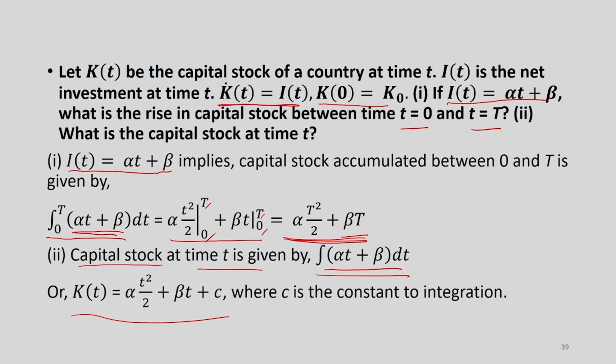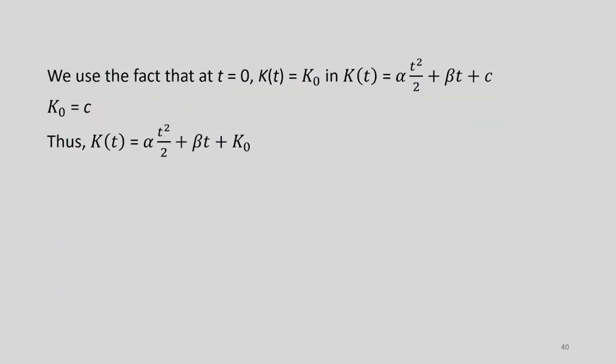alpha t square divided by 2 plus beta t plus c. But here there is an arbitrariness, which is small c, and we have to get rid of that. That can be got rid of by using the information that at t equal to 0, the capital stock is K0. So, we put small t equal to 0 here.